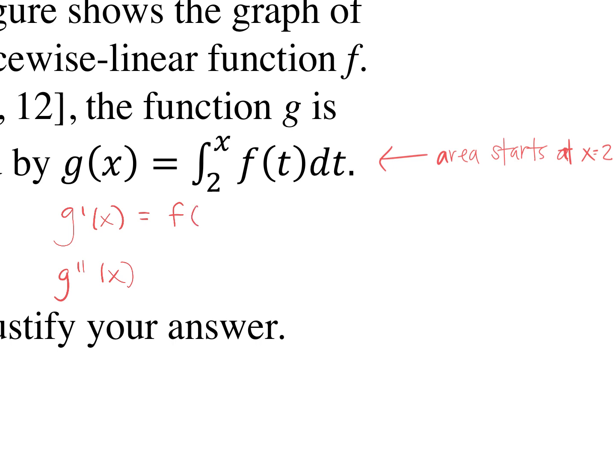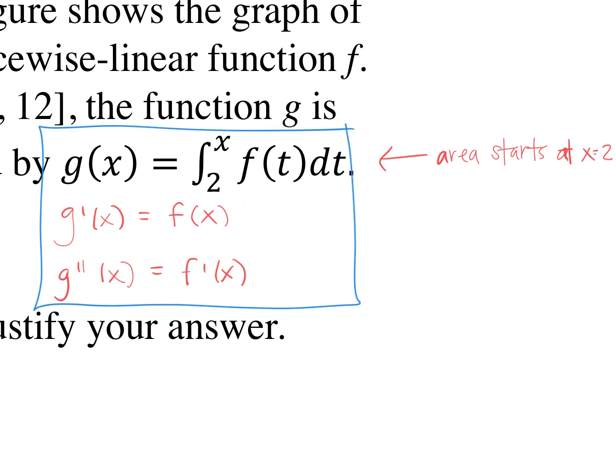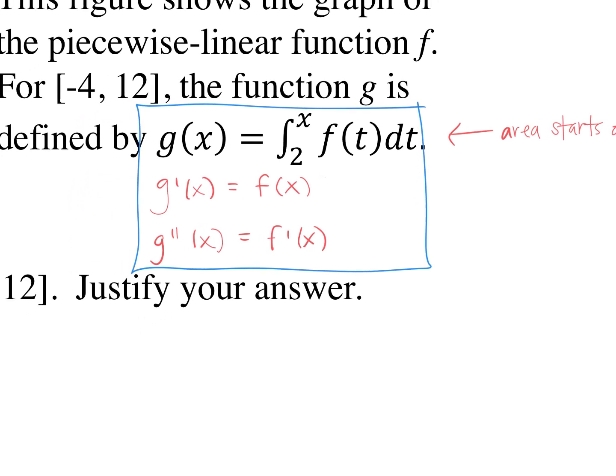So that takes f of x times 1 minus f of 2 times 0, which essentially wipes all that stuff away and we're just left with f of x. And then just like before, the second derivative is f prime. Having that, like when answering an FRQ, is key to answering your question.